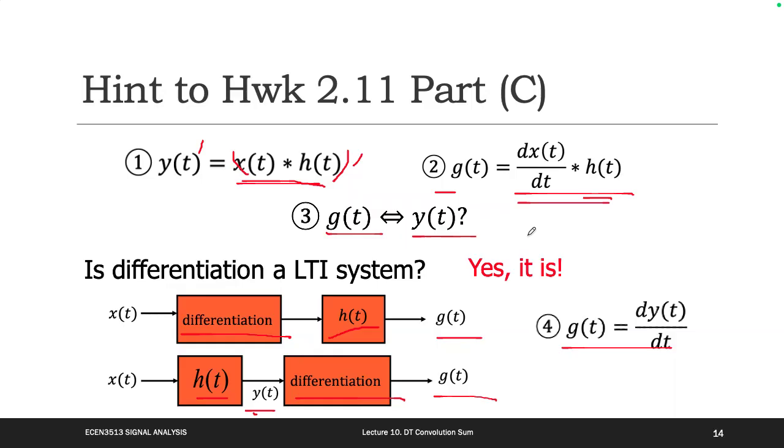Why here does only x(t) get the derivative, and why not h(t)? Do you know why? Actually, if we deal with a signal, this h(t) is just an impulse response.